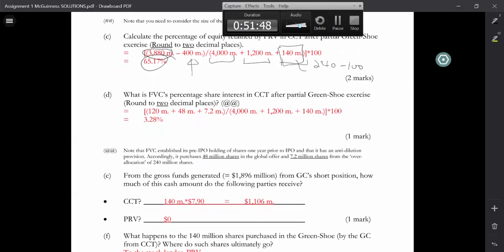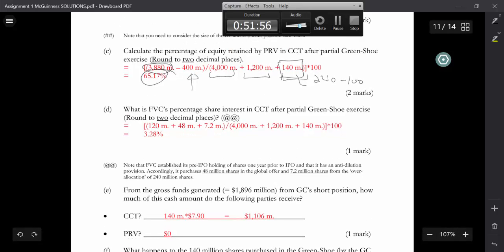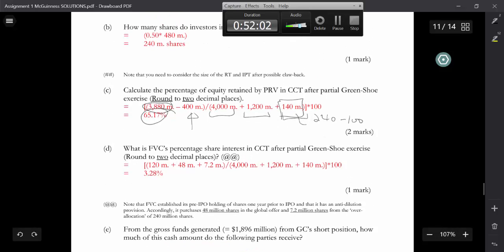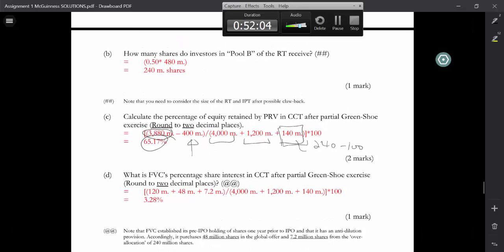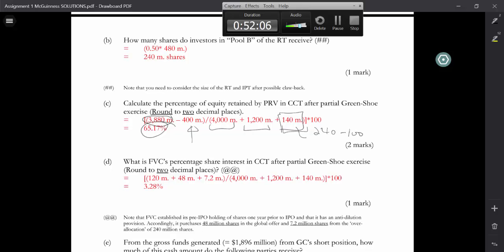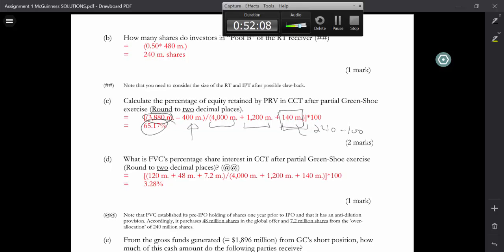What is FVC's percentage share interest in CCT, after partial greenshoe exercise? Okay, so this is kind of like a minority shareholder. So total new number of shares is this one, so you are reusing that number.